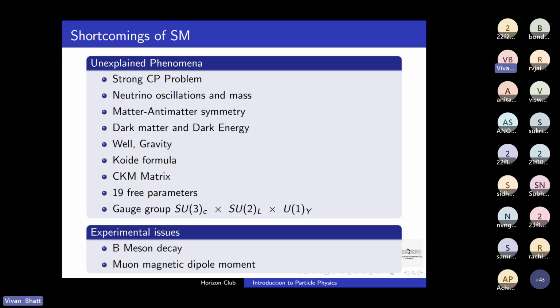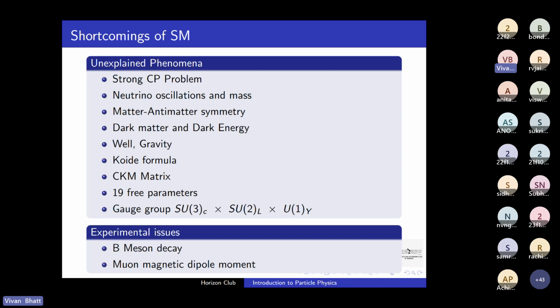Because if you find only one event that deviated, you most probably messed up while making that measurement. That's why you need at least a 5 sigma deviation. So the muon magnetic dipole moment or beta meson decay deviations are much less than 5 sigma. The actual most pressing problems with the standard model are more theoretical in nature, or unexplained phenomena.